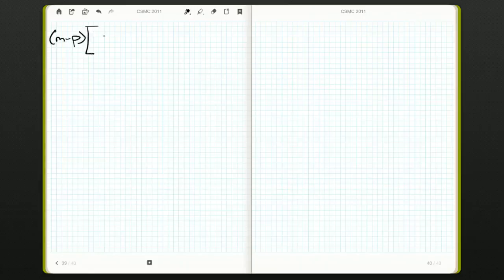I'm going to use the big square brackets here. So m squared plus mp plus p squared. Gosh, what was it on the other side?